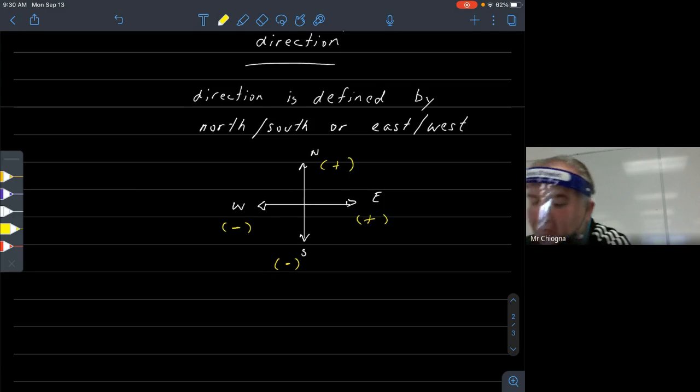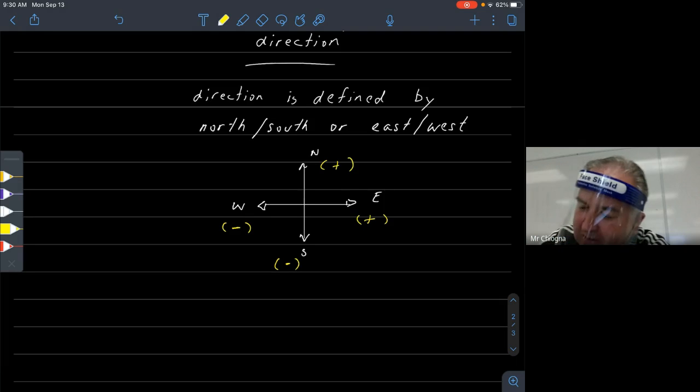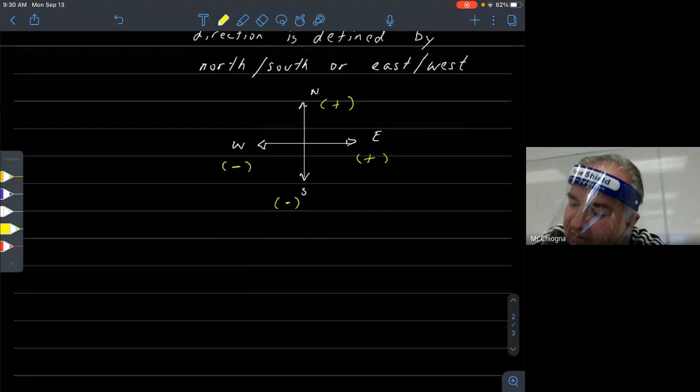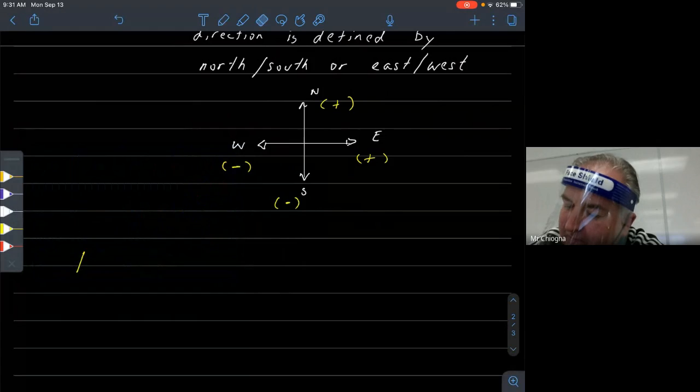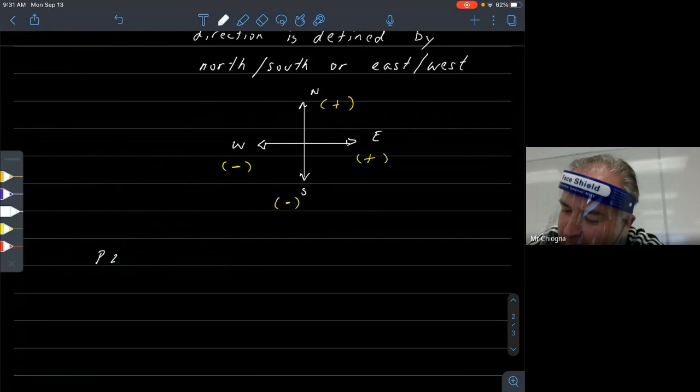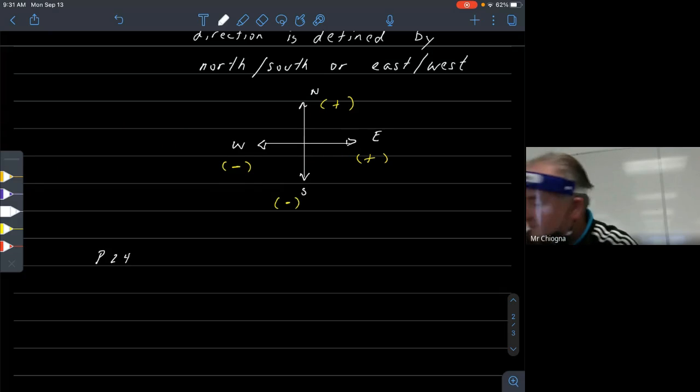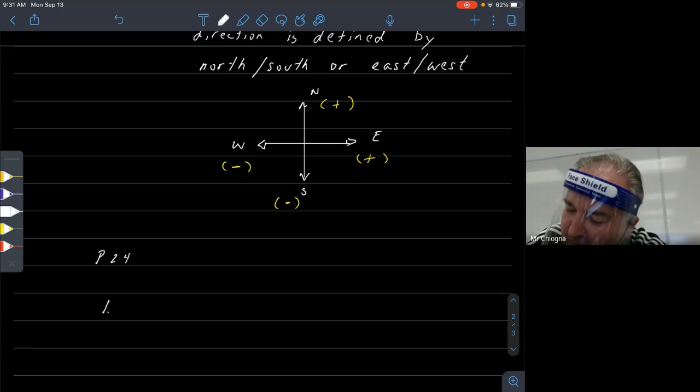Okay, so read number 1 over. This is on page 24 of the handout. Number 1.